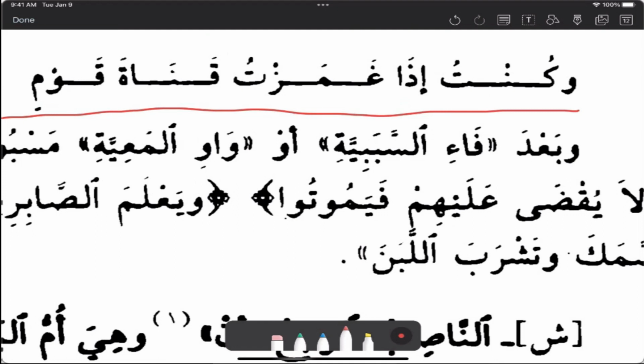Fa, that's a conjunction, harf atuf, and sometimes you're going to translate it as so or thus. It can be translated so many ways, depending on the sentence. We're talking about when this fa comes with the meaning of consequence, being the reason or the cause.